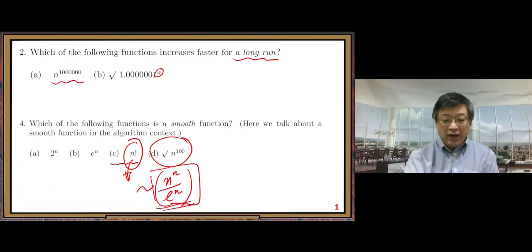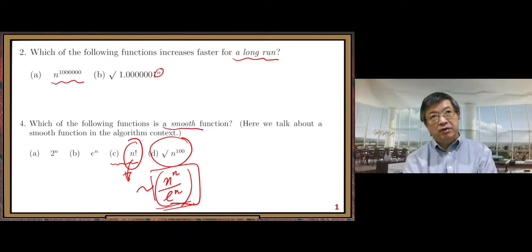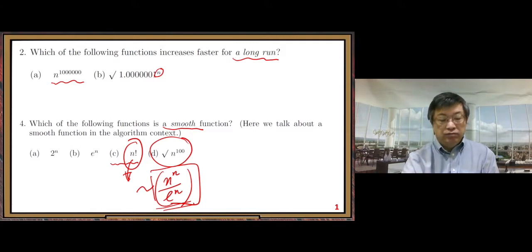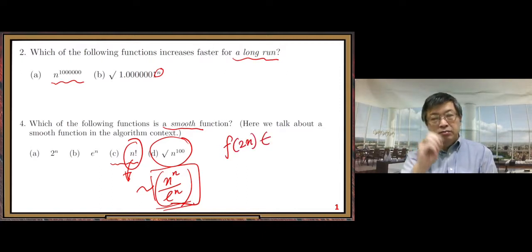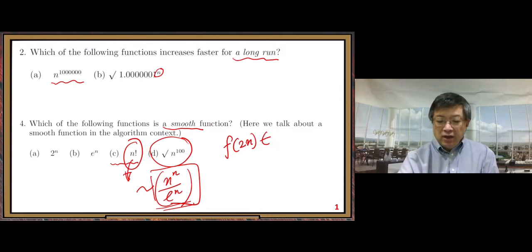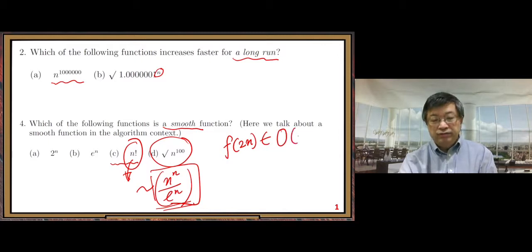All right. Smooth function. I hope we practiced several times, so I hope you know how to see it. We want to know the critical condition a smooth function must satisfy: f of 2n belongs to big O of f of n.